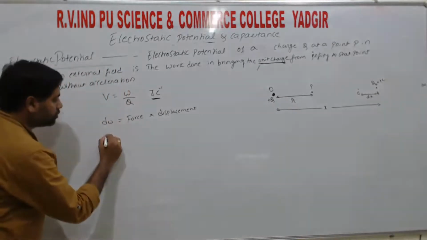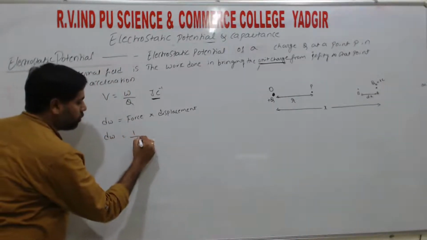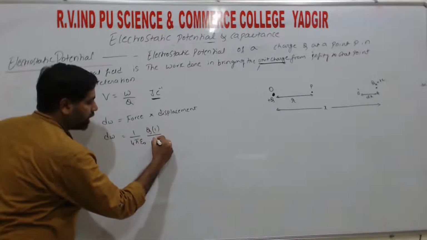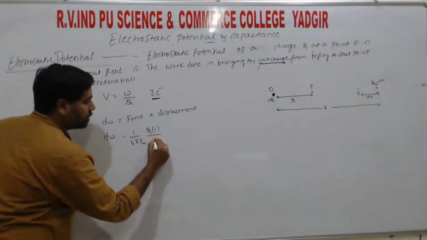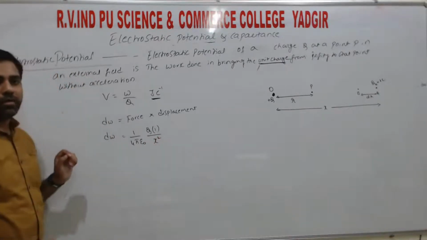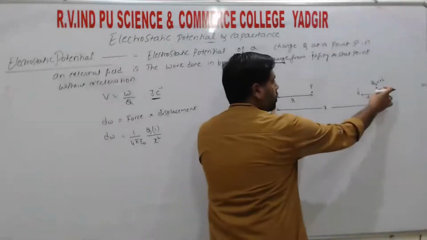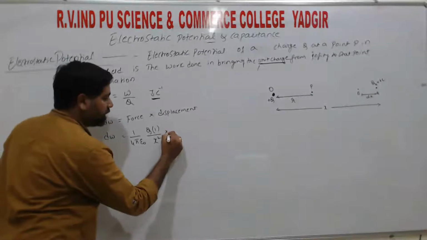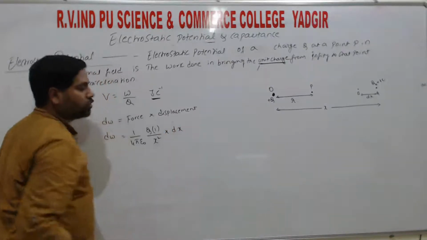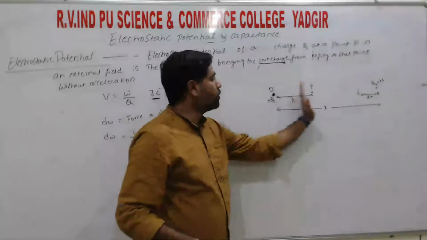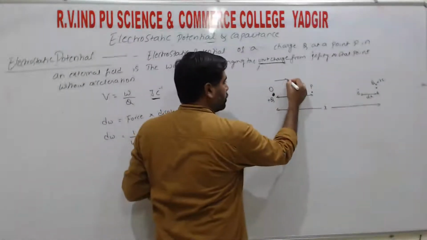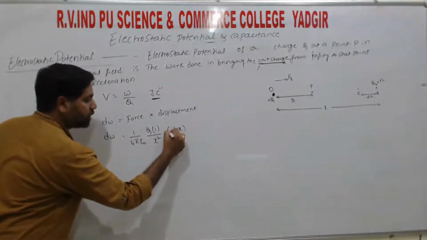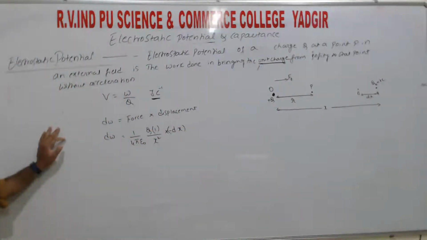From Coulomb's law, dW is equal to 1 divided by 4 pi epsilon naught, Q into 1, divided by x square, the distance from this charge to the point A. The displacement we took is dx, which is opposite to the direction of the electric force Fe. So we take the displacement as negative, minus dx.